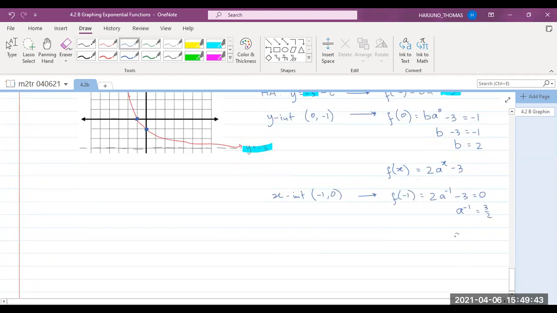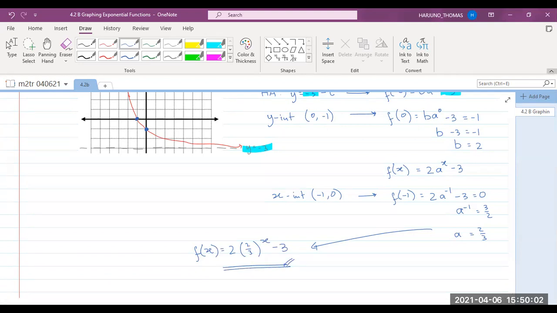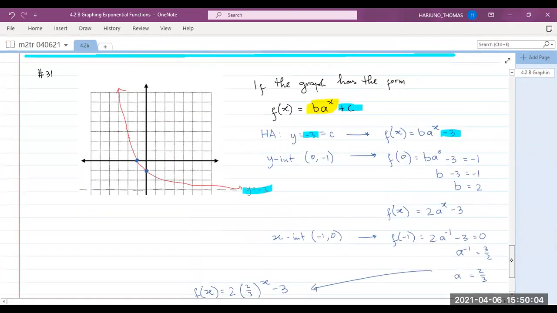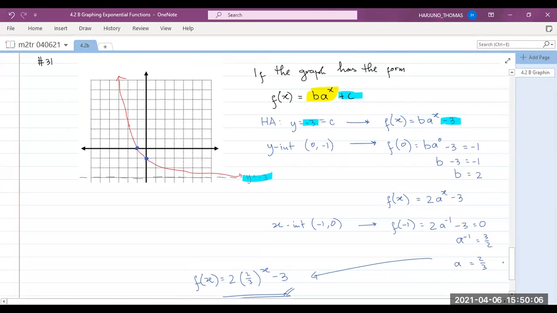So a is 2/3. Therefore, our function must be f(x) equals 2 times (2/3) to the x minus 3. Okay, that's for number 31.